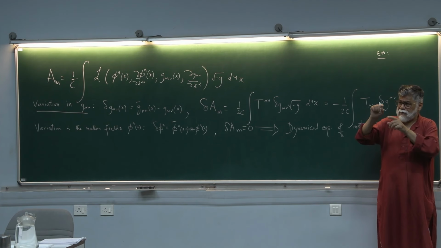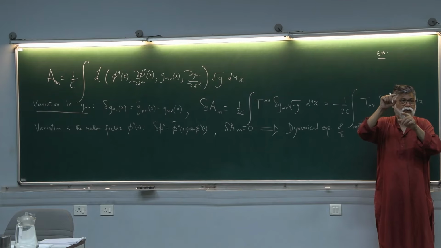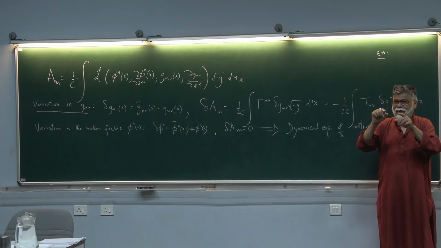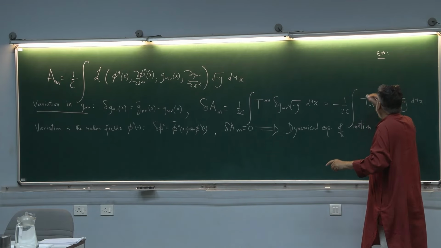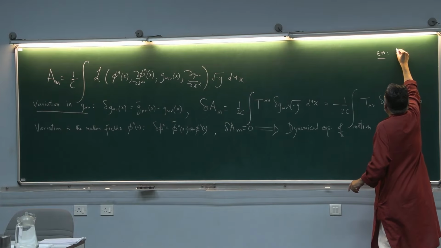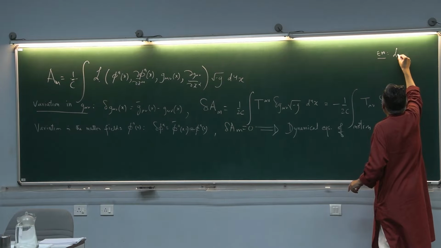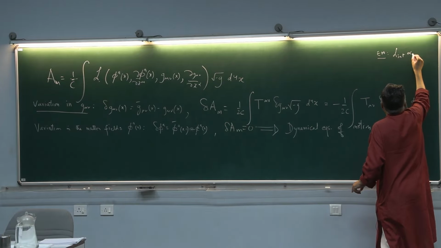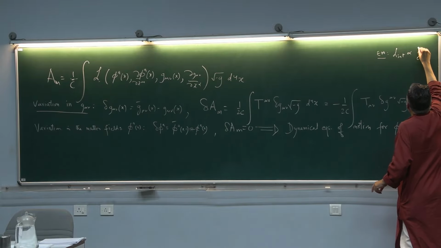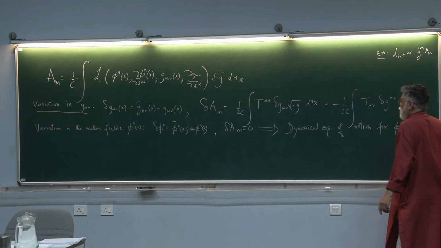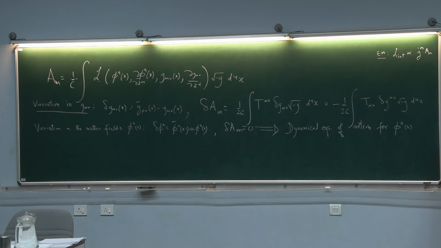Then the coupling is the conserved Noether current J mu coupling with A mu. So the interaction term in the interaction Lagrangian density is proportional to J mu A mu, where A mu is the vector potential for the electromagnetic field.